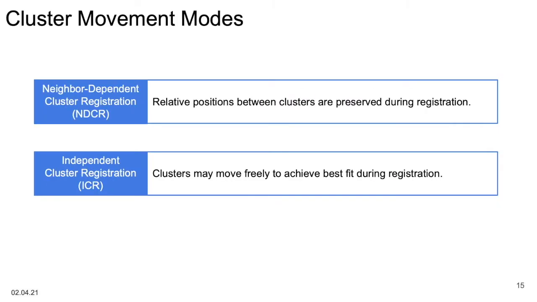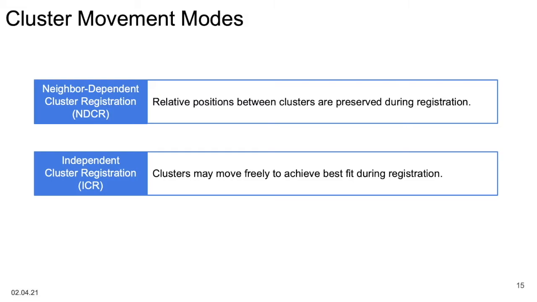We have two different types of cluster movement. One is neighbor-dependent cluster registration. We call that NDCR inside the program. It uses channel-specific movement that is designed to preserve relationships between clusters throughout the data set, and it only adjusts on a channel-by-channel basis.